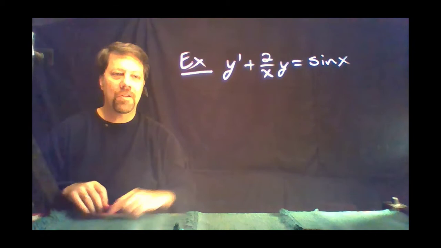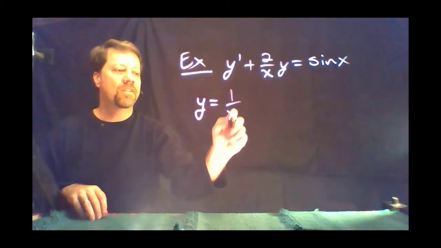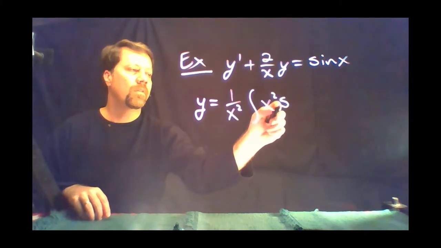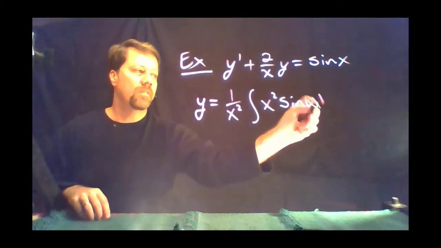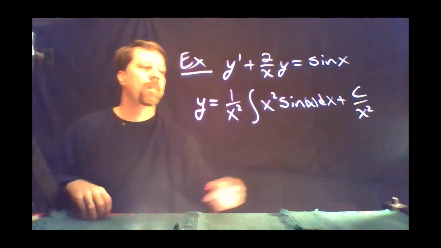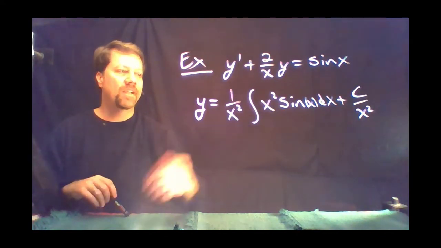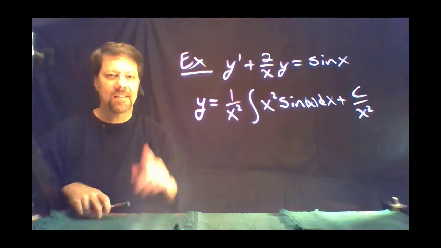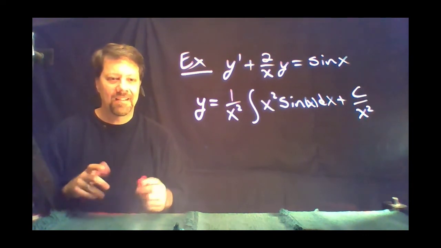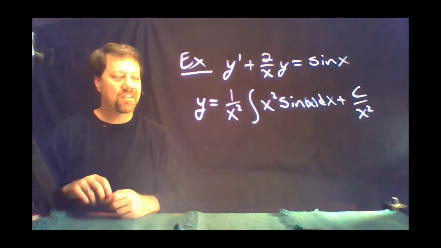It follows then that the solution to the differential equation is 1 over mu integral mu q dx plus a constant, divided by mu. To complete the solution, all we have to do is integrate x squared sine of x. Name the method. If you guessed integration by parts, then you're right.